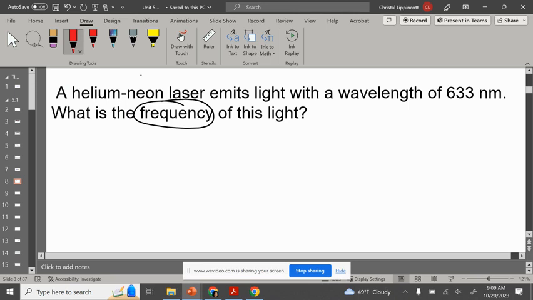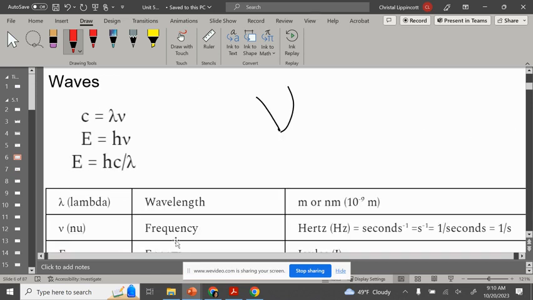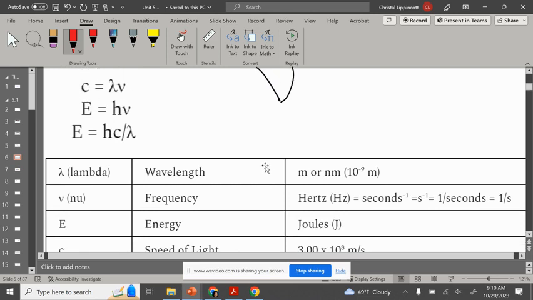Okay. So the first thing I need to do is figure out what equation I'm going to work with. So we're going to go back to this chart and figure out which of these three equations we're working with. We have wavelength and we need frequency. So are we going to use equation 1, 2, or 3?